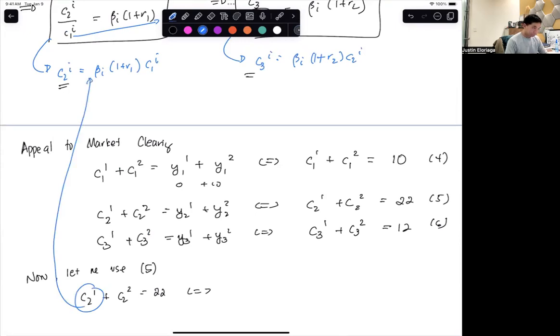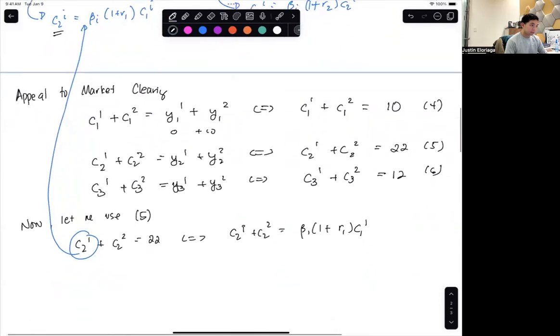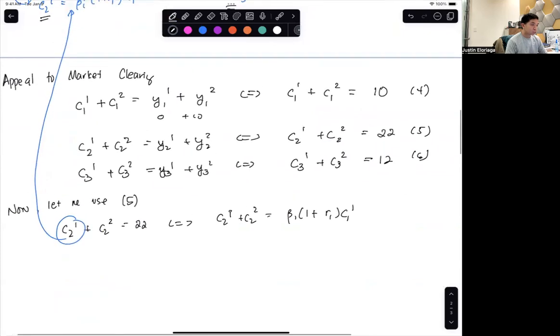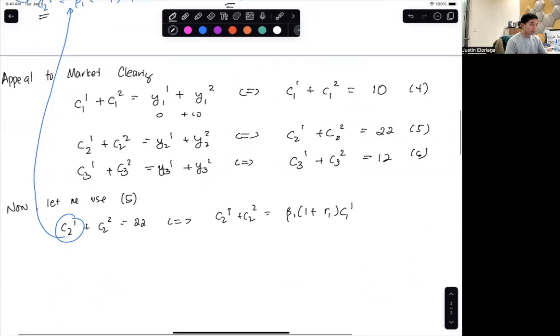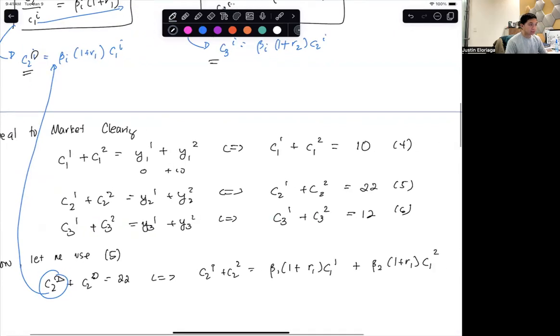So it means that C21 is equal to beta 1 times 1 plus R1 times C11. And C22 must take this formulation plus beta of the second agent times 1 plus R1 times C12 instead. Because the second period consumption for each agent, 1 and 2, those i's will change. I can get this particular result.